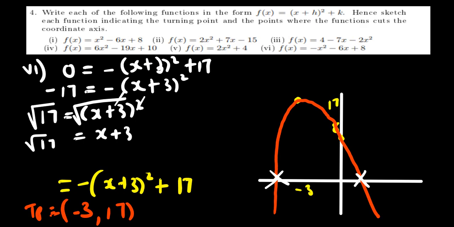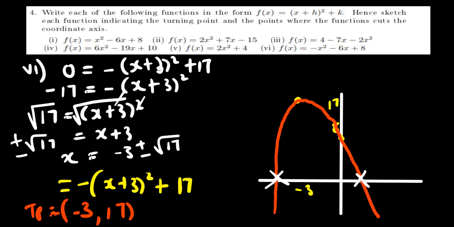Now, the square root of 17 needs to be positive or minus, right? Then the negative 3, I'll take it to the other side. So x will just be equal to negative 3, positive or minus the square root of 17.